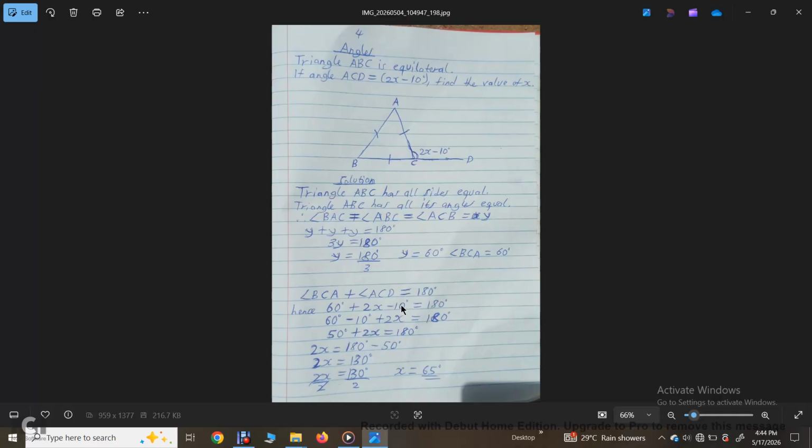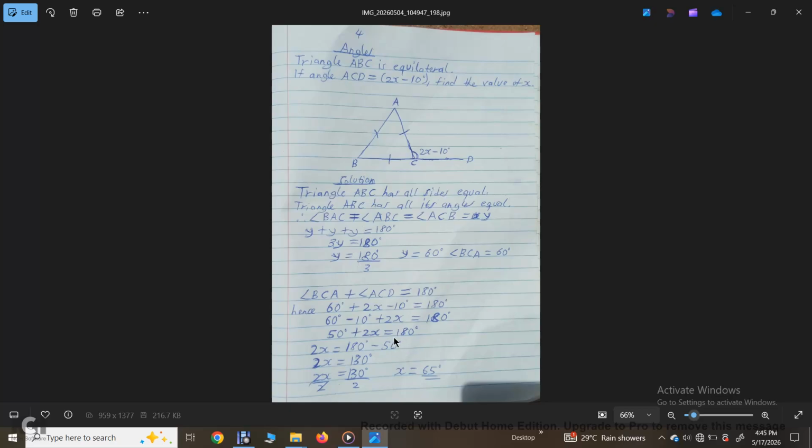We get 60 degrees minus 10 degrees plus 2x is equal to 180 degrees. 60 degrees minus 10 degrees gives 50 degrees, plus 2x is equal to 180 degrees.